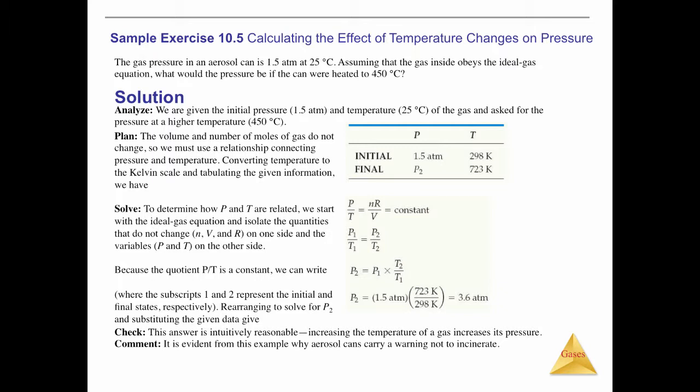And I think it's better to stick with Charles' law, or I'm sorry, Gay-Lussac's law, P1 over T1 equals P2 over T2. So again, they are rearranging the equation to solve for P2 algebraically, but you don't have to do that. You can plug your values in and cross multiply and get the correct value. Again, make sure that your temperatures are in Kelvin when you do all gas law calculations.